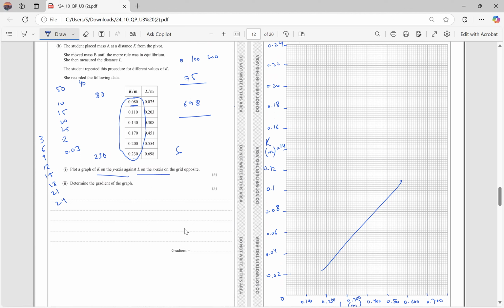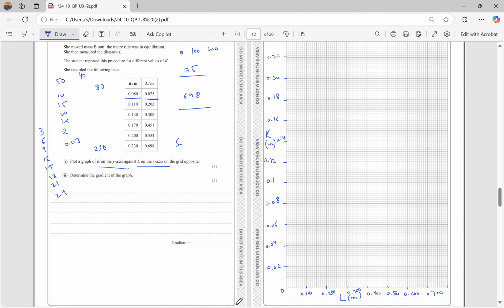I think in terms of whole numbers, it's easier to adjust the scale. But if you're fine working with decimals, you can just do that. Let's start plotting now. So the first one is 0.08 and 0.075.